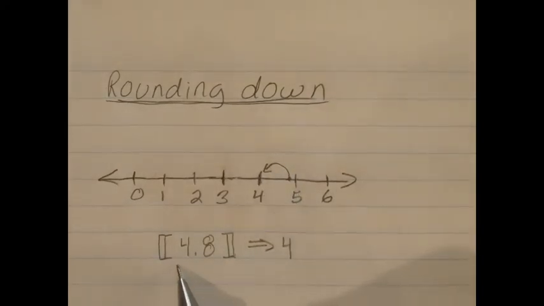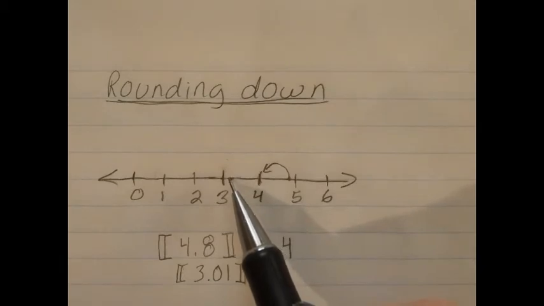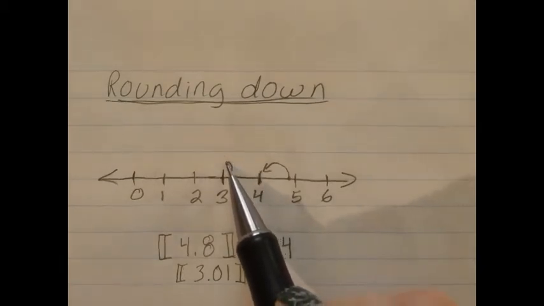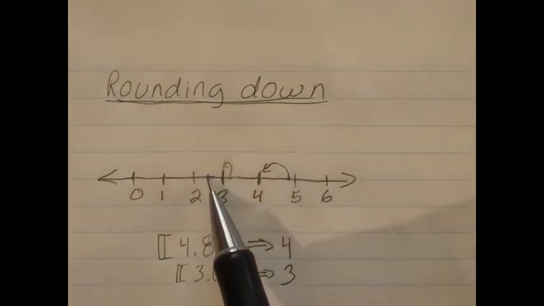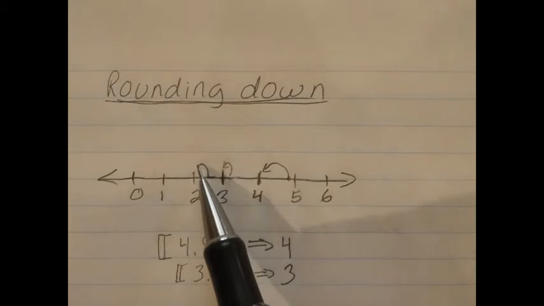If I have another number such as 3.01, well, this will feel comfortable for most of us because we're like, well, that's closer to 3. And that's true. But again, we always round down. So if there's a 2.5, you round down to 2.